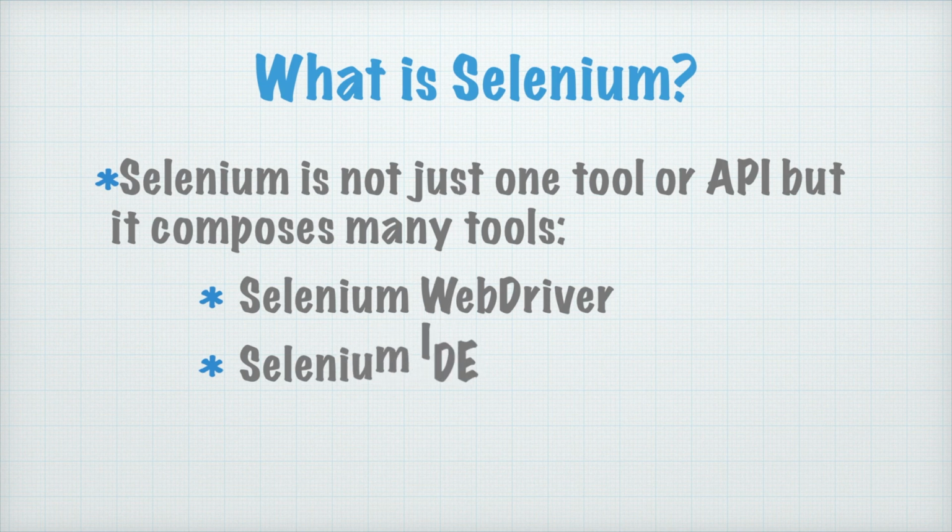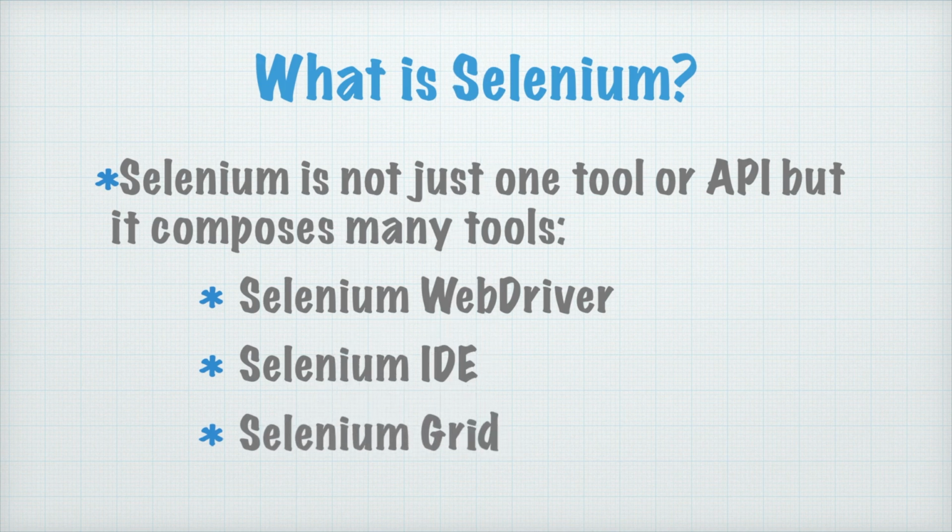We are not discussing the details of these three because we have a specific tutorial with more details for each topic. For now, just remember that there are three different tools which altogether are called Selenium. So basically, Selenium is a tool suite, you can say, or a combination of tools.